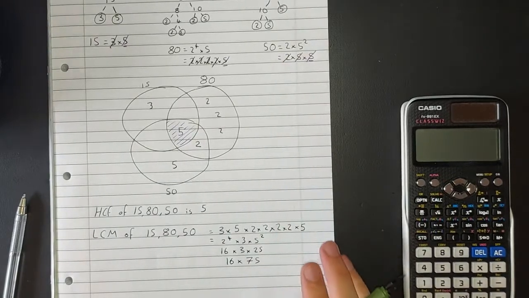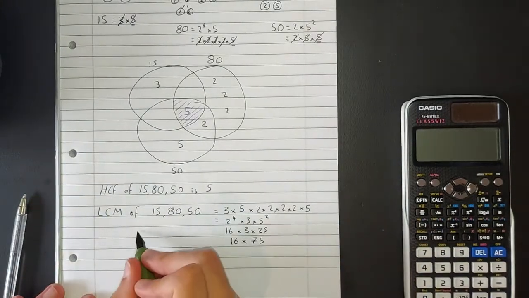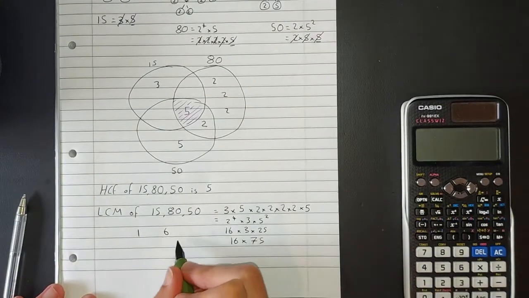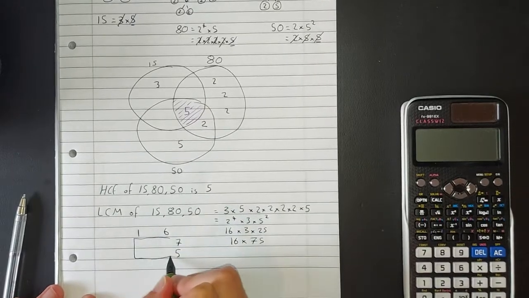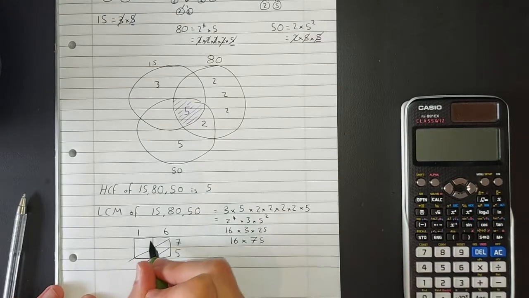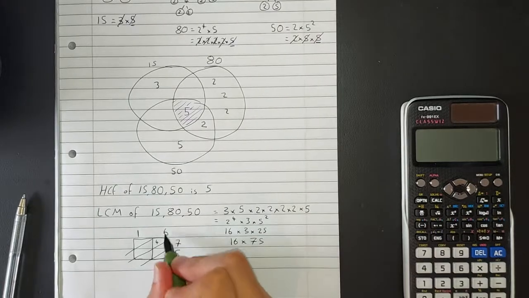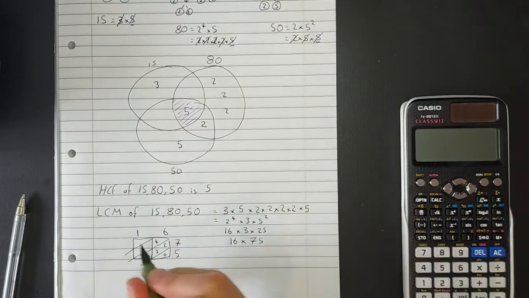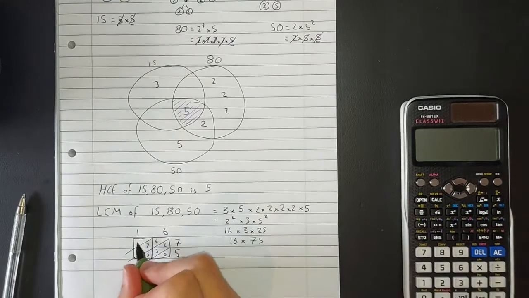I'll do a quick Napier's method to work this out. So we've got 1 and 6, 7 and 5, draw our grid. 6 times 7 is 42, 6 times 5 is 30, 5 times 1 is 5, 7 times 1 is 7.